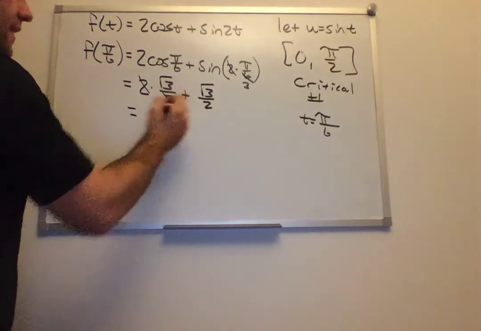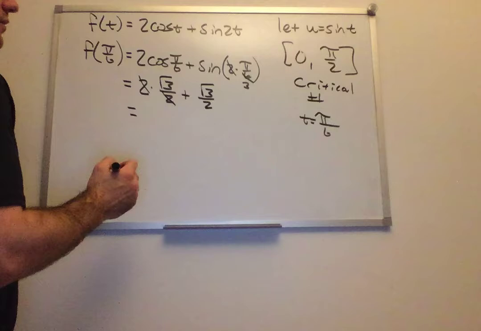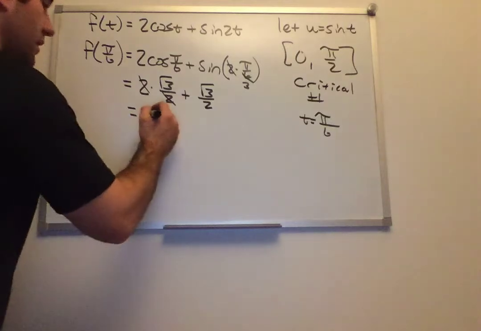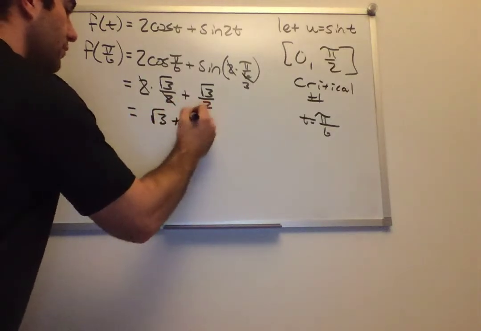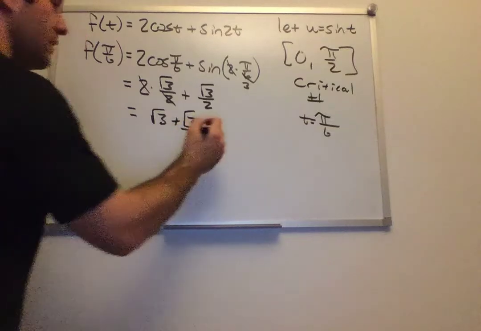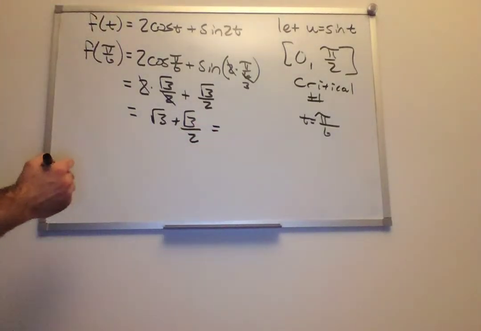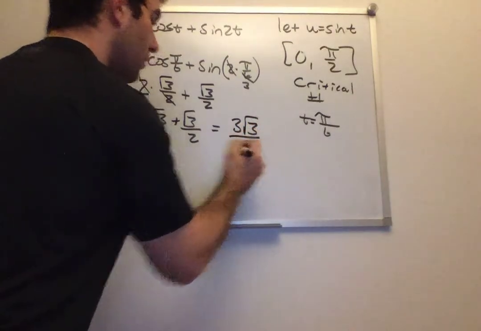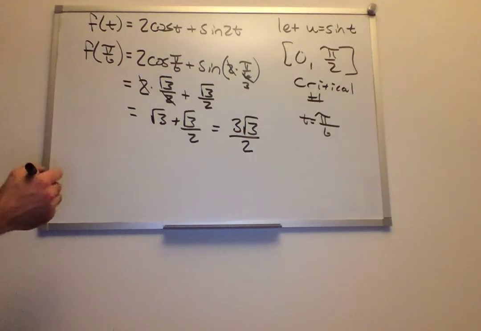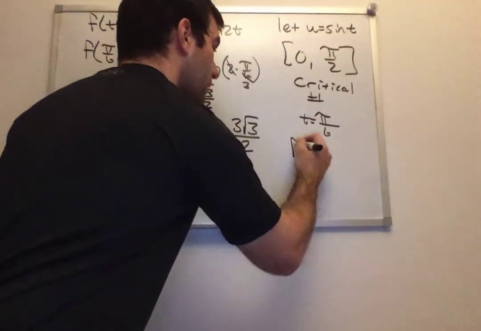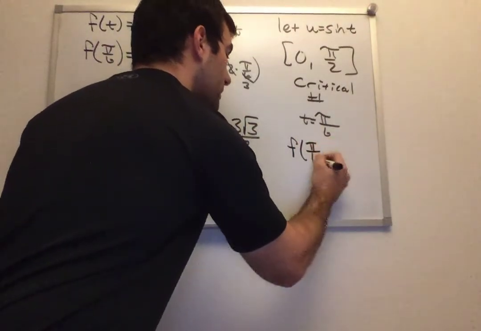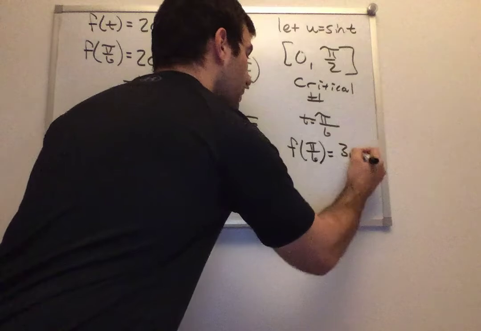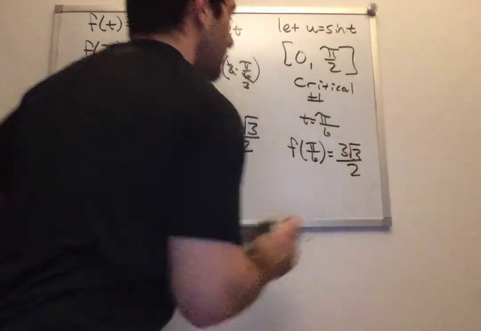So the 2 and the 2 cancel, and you get root 3 plus root 3 over 2. If you simplify this, you get 3 root 3 all over 2. So f of pi over 6 is equal to 3 root 3 all over 2.